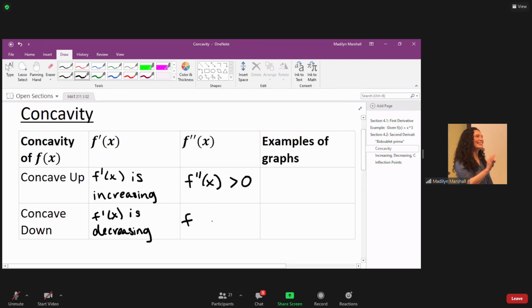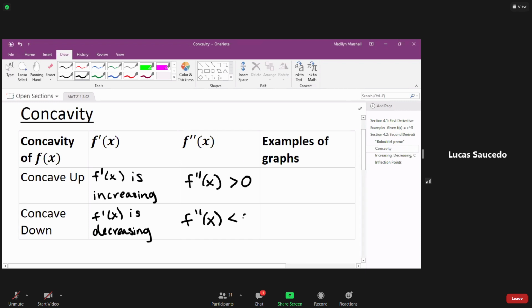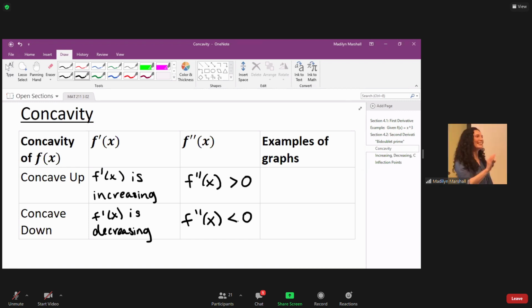So if f prime is decreasing, what can we say about f double prime? Less than 0. Yes, exactly. F double prime is negative. And if we're looking at a specific situation, the words acceleration and deceleration were brought up earlier, and this is actually what's happening.